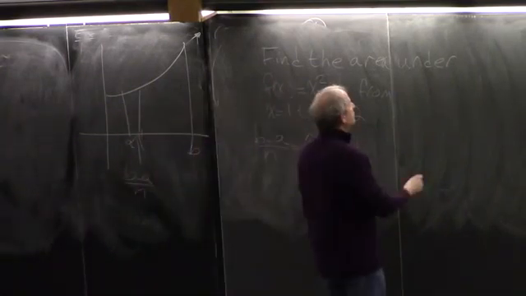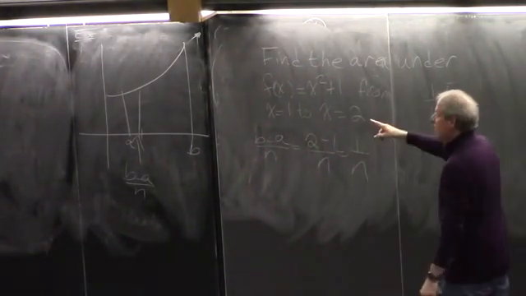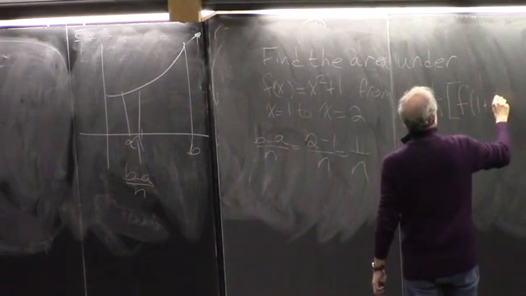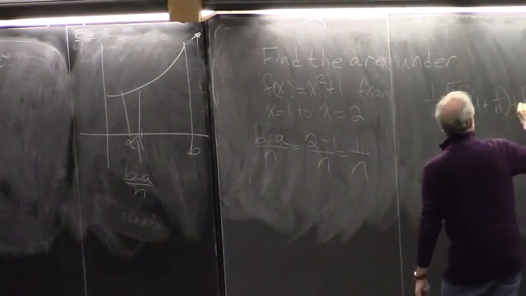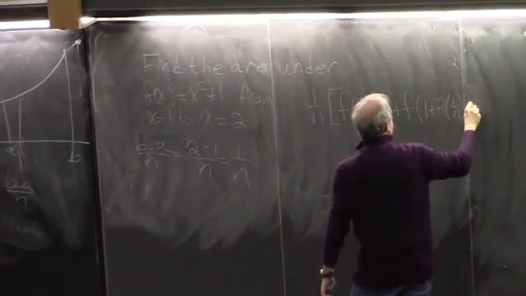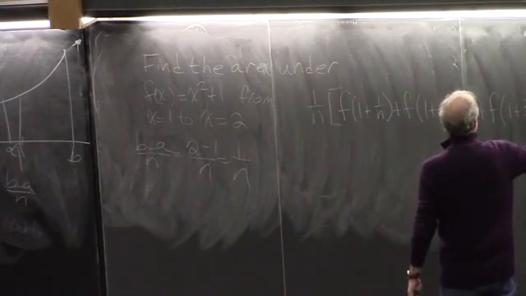So I'm going to start at 1, so I'm going to have f at 1 plus 1 over n, f at 1 plus 2 times 1 over n, plus f at 1 plus 3 times 1 over n.